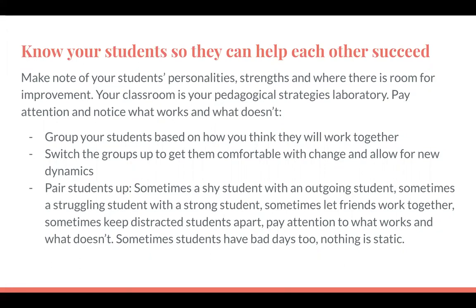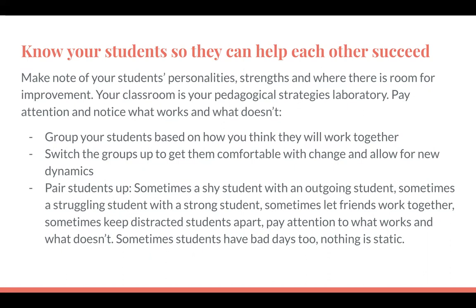So pair students up, sometimes a shy student with an outgoing student, sometimes a struggling student with a strong student, sometimes let friends work together, sometimes keep distracted students apart. I often do that. That's a strategy I use, and in my American classroom, that is always the strategy I use.